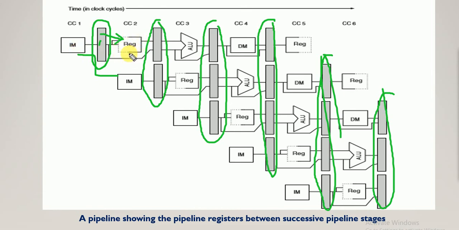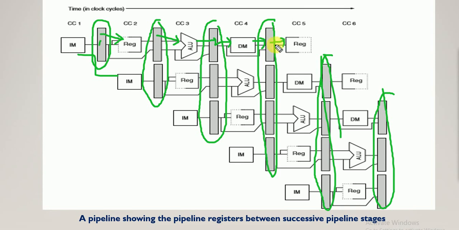Then after the instruction decode, the result will be passed to the next register, and it will decide whether it can go for ALU operation. After the ALU operation, it is given to this register, which decides whether it can go for data memory. And after that, this register can decide whether it can write into the register.